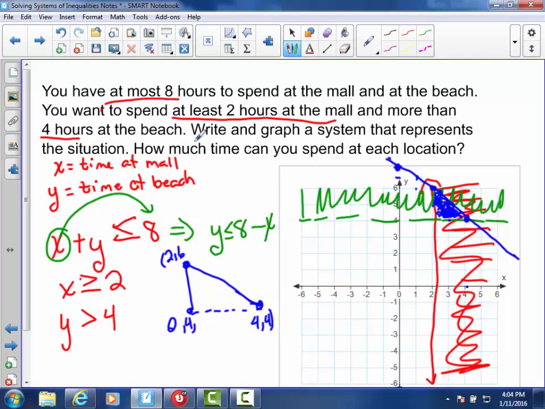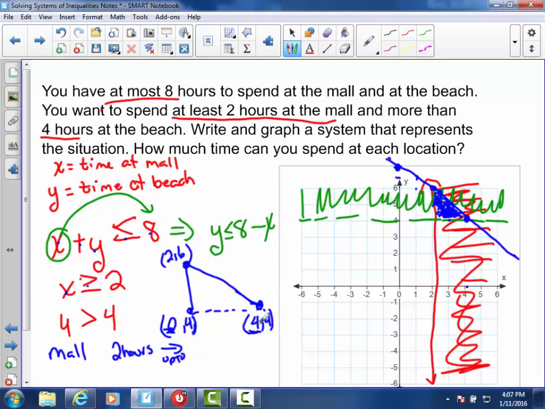Okay, so how much time can you spend at each location? Well, X represents the time at the mall. So what are our possible X values? Well, 2 is a possible X value. We have it here at 2, 6, 2, 4, and several points in between. So we know that at the mall we can do as little as 2 hours, and then we can go up to how many hours?